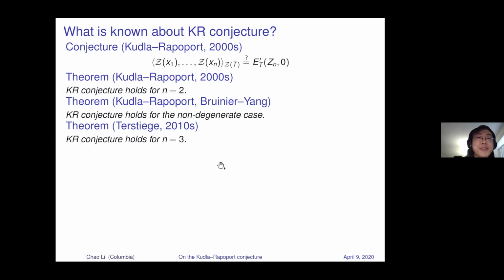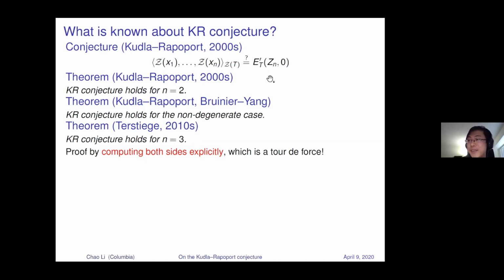So how do we prove these formulas? Well, this is a precise identity between two numbers, and you can just try to compute both sides explicitly, and this is exactly what they have done. They computed both sides explicitly, involving a very complicated formula depending on this matrix T. But they checked that in each of these individual cases, the formula just matches up exactly. So I highly encourage you to look at Terstiege's paper.